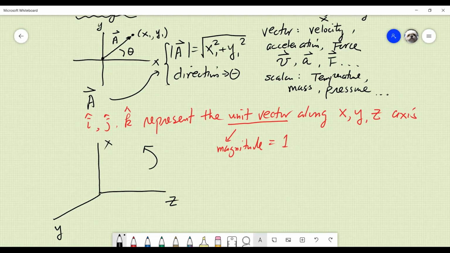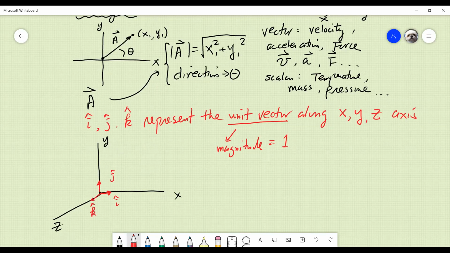Yes. Now I'm just using a conventional way to draw X, Y, and Z. Now what is IJK? Well, I will be the tiny vector with a magnitude of 1 along the X, and J the tiny vector along the Y, and K the tiny vector along the Z.